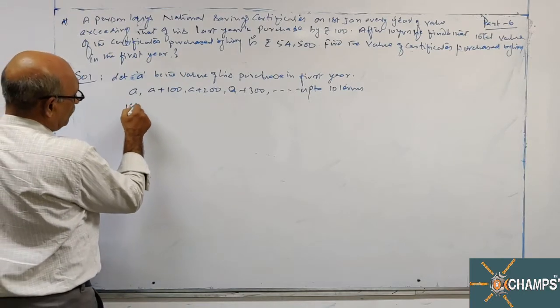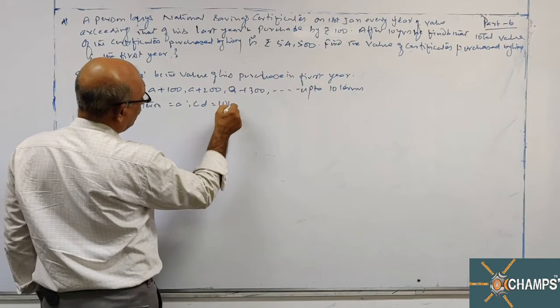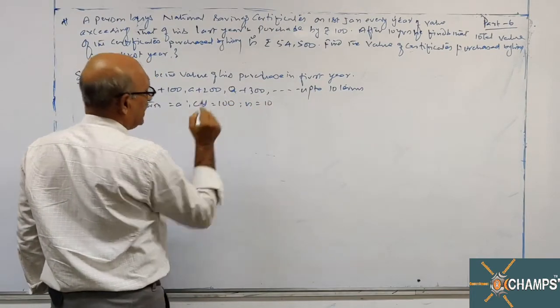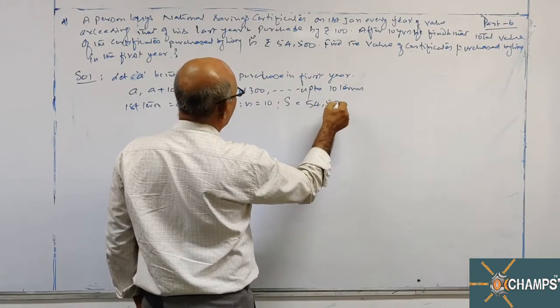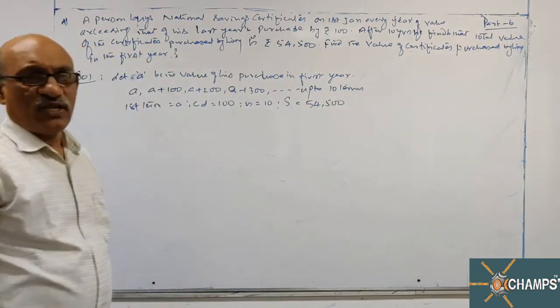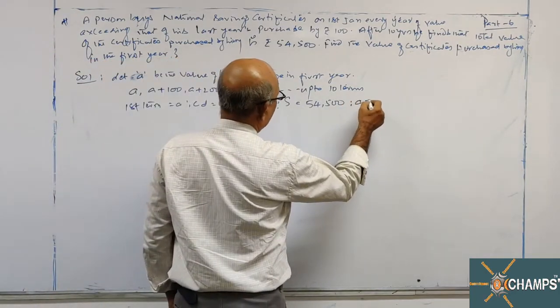So first term is equal to A, common difference is equal to 100, N is equal to 10, S is equal to 54,500, A is equal to question mark.